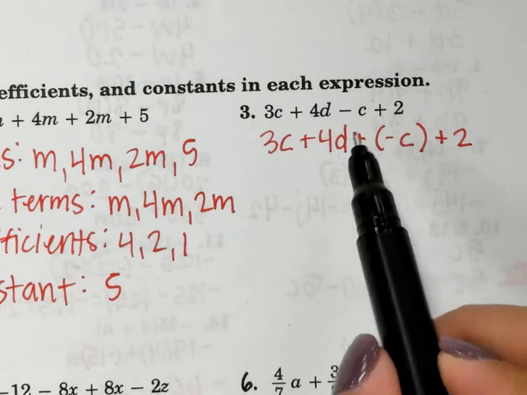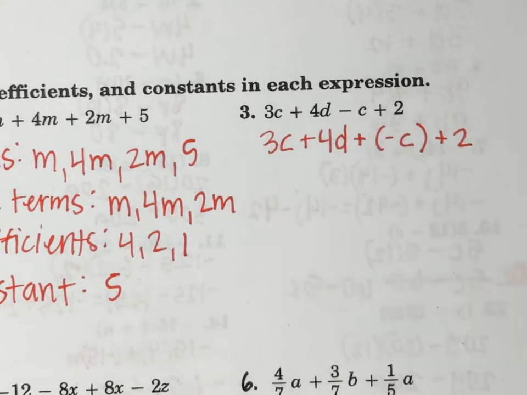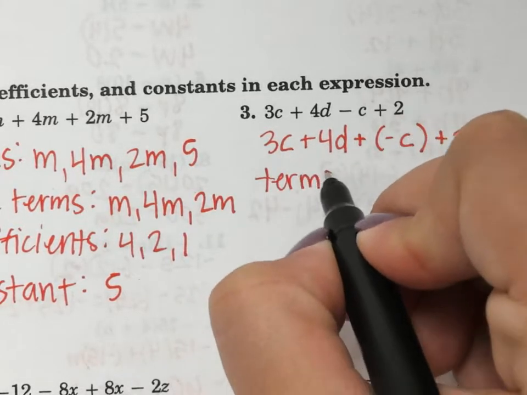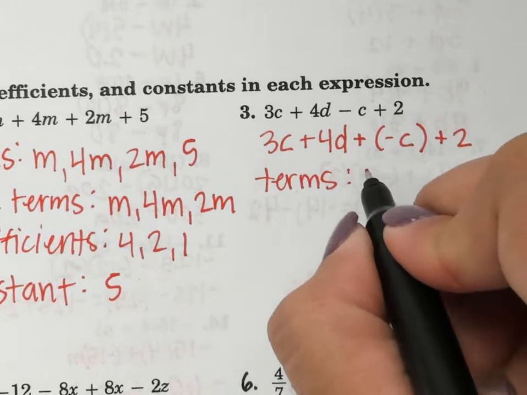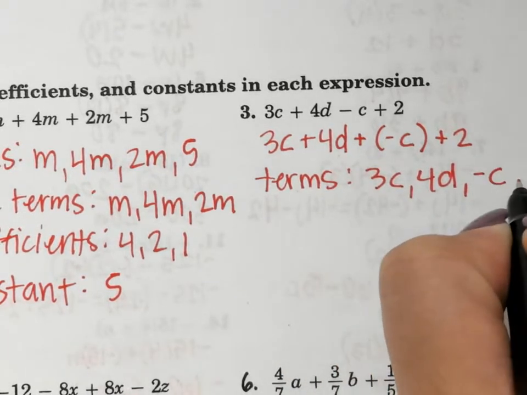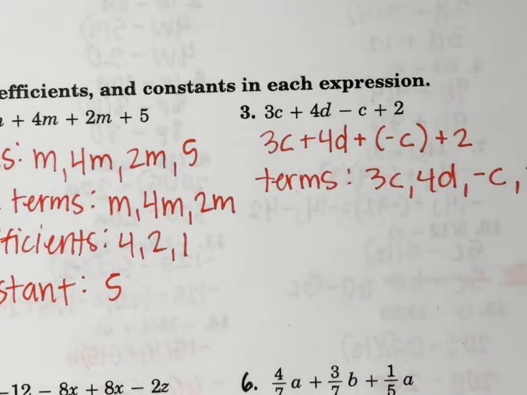So all I did there was just change my minus C to adding a negative C. So now my terms are 3C, 4D, negative C, and 2.